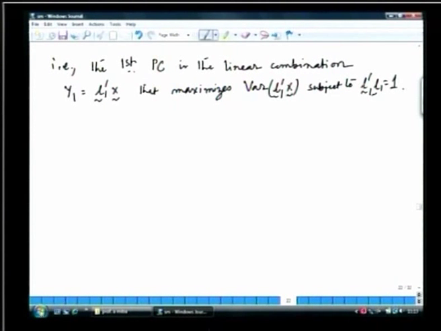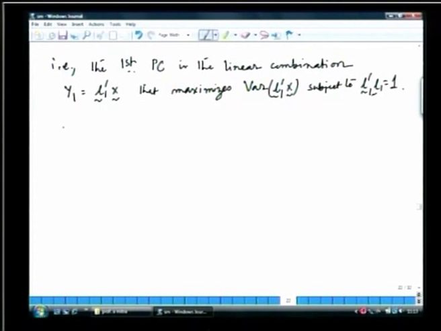Now, if I consider any other scalar multiple of this vector L1, say some L1 star, which is C times L1, where C is a very high constant, then I can always have the variance of C L1 transpose x greater than the variance of L1 transpose x. So, to put a check on that and to achieve some uniqueness, I put this criterion that it is subject to L1 transpose L1 is equal to 1.